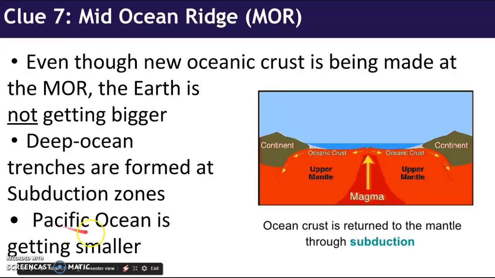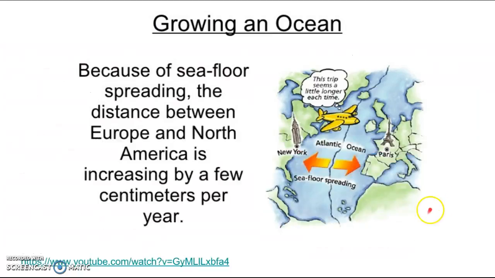It's actually getting much smaller. So North America is getting closer and closer to Asia, while we get further and further away from Europe. You can see here, Atlantic Ocean spreading. Bye-bye, Paris. We get further and further away each year.